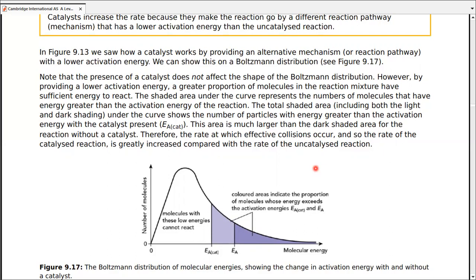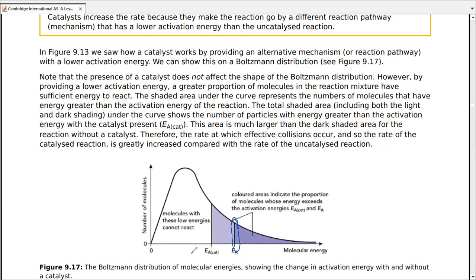But catalysis behaves a little differently. It's actually taking the line, which represented the molecules with the combined energy greater than the activation energy, back a few more notches. And those few more notches have a great effect on the whole reaction.